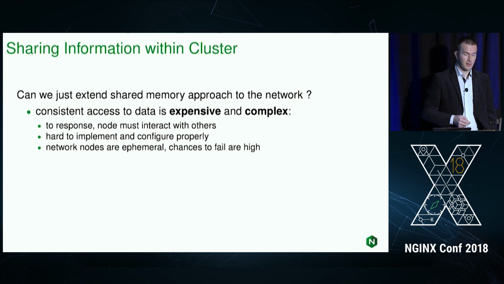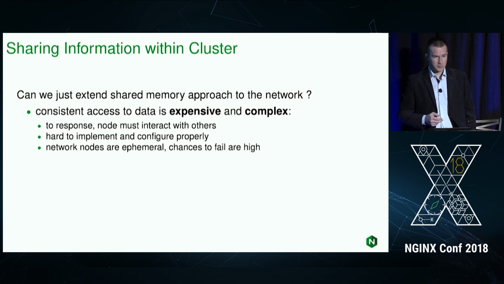The network nodes are ephemeral. Nowadays, we run a lot of our services in clouds, in clusters, in virtualization, with auto-scaling, and also the network is not reliable. It can disappear.